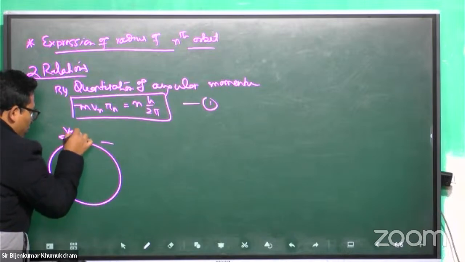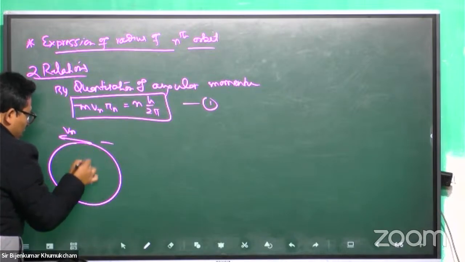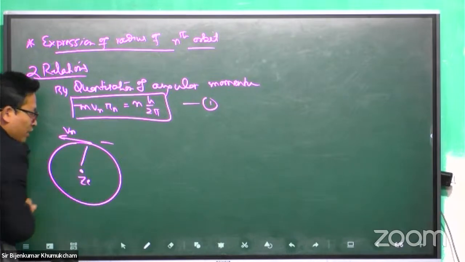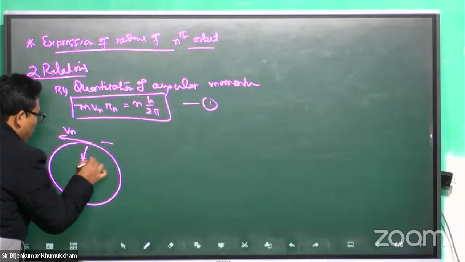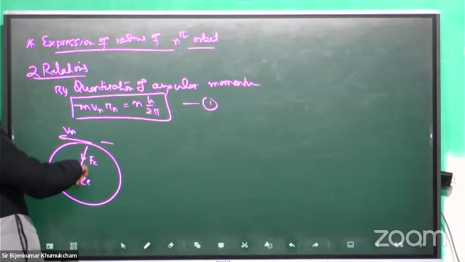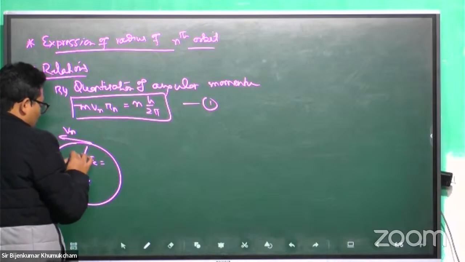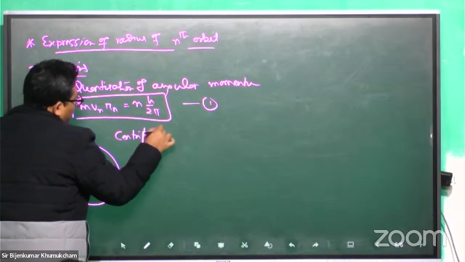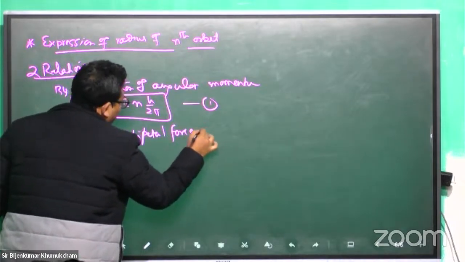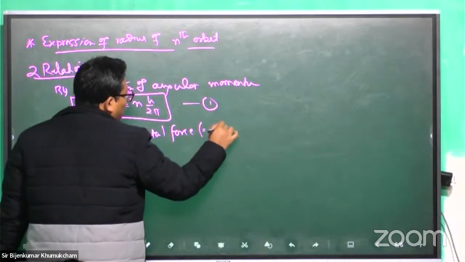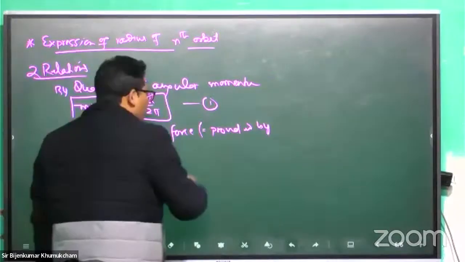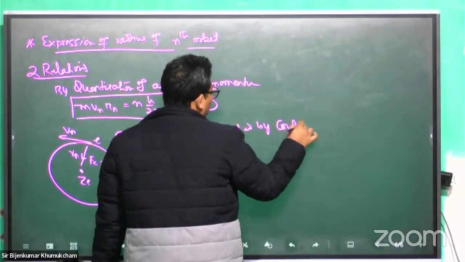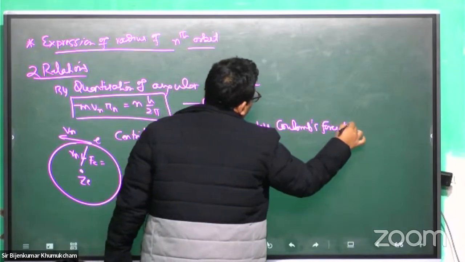The centripetal force needed to keep the electron in orbit is provided by the force of attraction between the nucleus and the electron, which is Coulomb's force between the electron and nucleus.